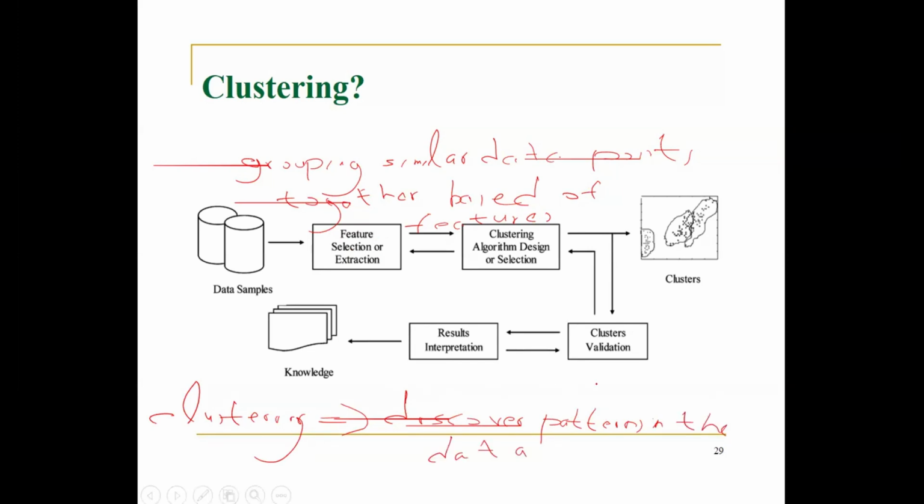As an example, suppose you have a customer data set with features like age and spending habits. Based on that, you can cluster your customers like budget shoppers, occasional buyers, and premium customers.